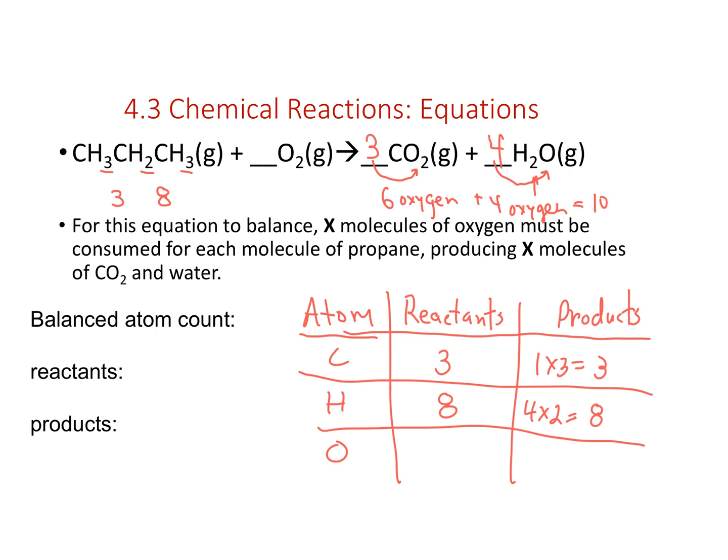Well, I already have the subscript 2, so I only need a coefficient of 5 because 5 times 2 will give me 10 oxygen in the reactants and 10 oxygen for my products. So now I've balanced the equation with respect to the reactants and the products. I have 3 carbons for reactants and products, 8 hydrogens on both sides, and 10 oxygens on both sides.